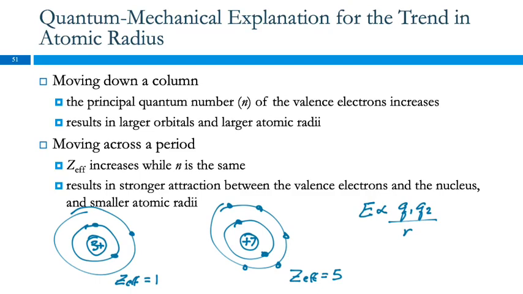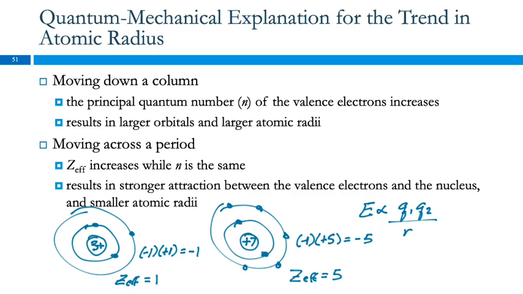So for nitrogen, Q1 times Q2, we have -1 times +5, and so the potential energy is -5. Here, for 1 electron, it's experiencing a +1 from the nucleus, and so we have the energy is -1.